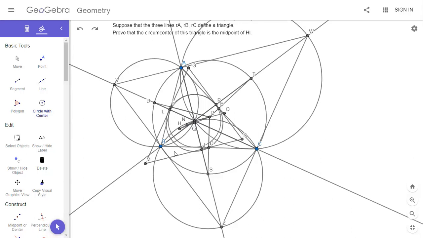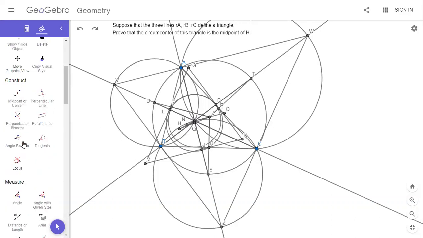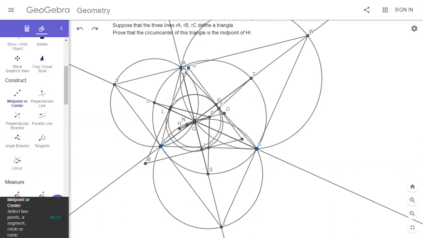What is the triangle in the middle? So if I take the midpoints, because the homothety is about point I, right?